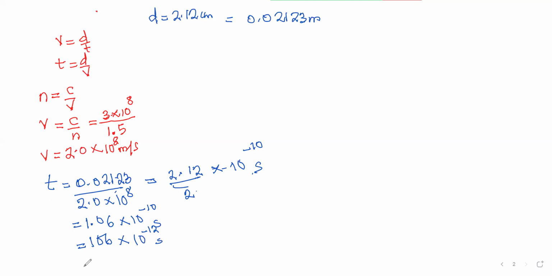And in parentheses, negative 12 is pico. So 106 picoseconds. But you can still leave your answer in this form, which is correct. This part is also correct. And if you could express it in picoseconds, it's also a feather in your own cap. So this is the answer to the question.